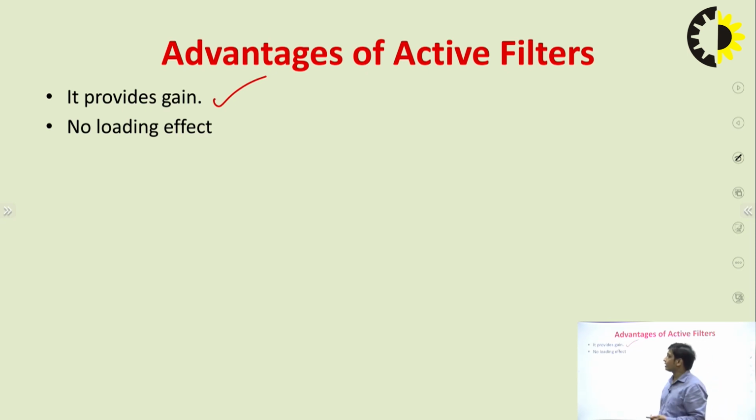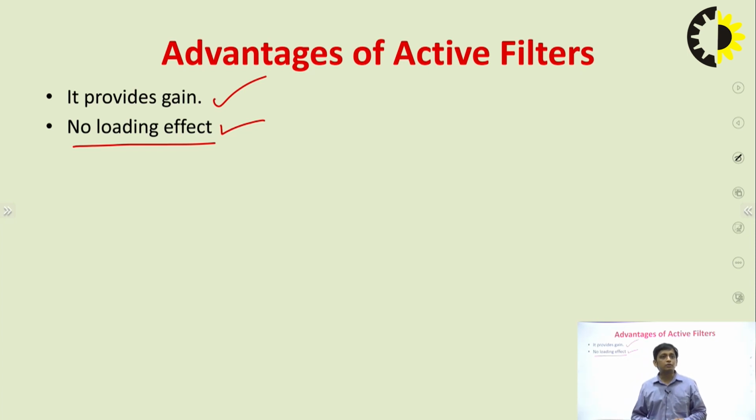Another advantage of active filters is no loading effect. Basically, loading effect exists when we apply the input signal and the circuit has low input resistance. That's why there is a loading effect, right?